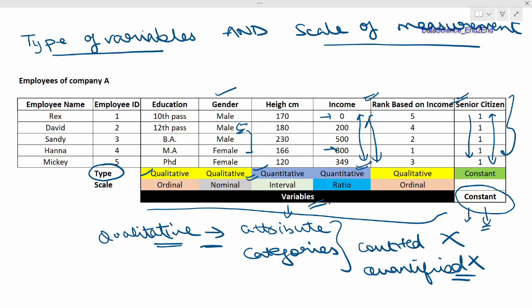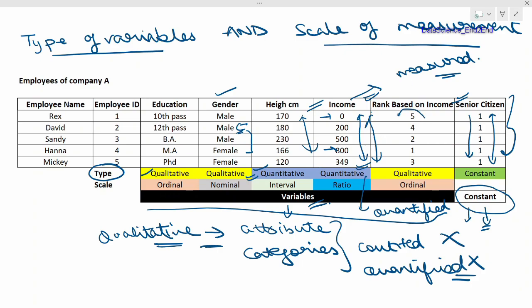While quantitative variables are those variables which can be quantified, which can be measured. Like income, you can measure how much David is earning and how much Hannah is earning. Similarly, you can measure their height. So this is the difference between quantitative and qualitative variables.